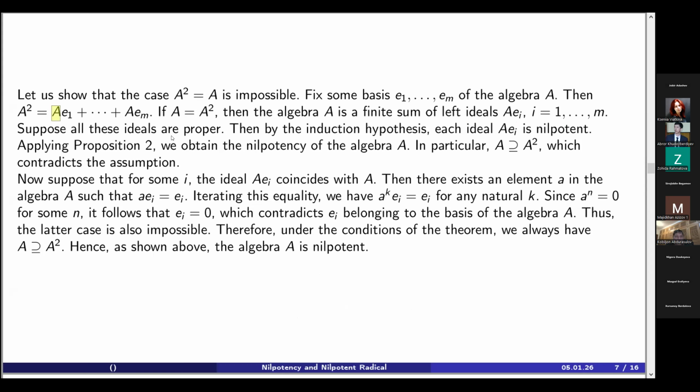Suppose all these ideals are proper, then by the induction hypothesis each ideal A e_i is nilpotent.